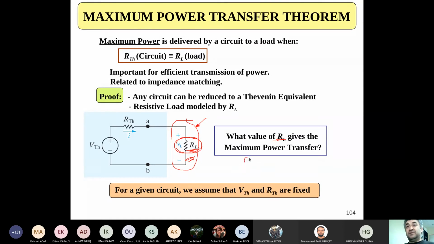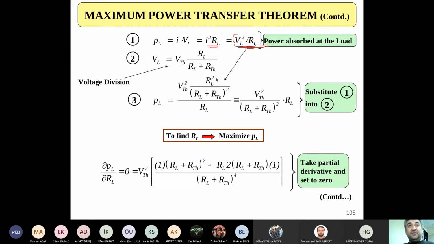Multiply R of L, divided by the sum of the resistances RTH plus R of L, with the voltage supplied to the circuitry in here. This will give you the voltage dissipated on this resistance. So take that value, square it and divide by RL. You'll end up with something like this. Now, how can I find the maximum value of that?